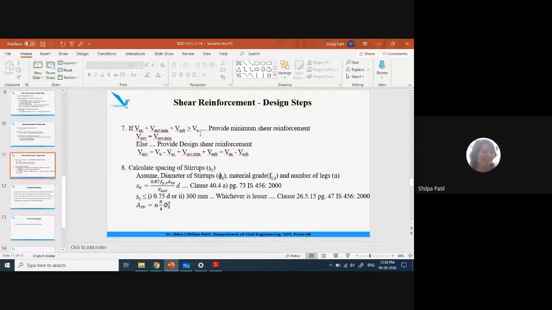Yes, ma'am. Now if the shear resistance provided by the concrete, the minimum reinforcement and the bent up bar is coming less than the actual force, it means there is some additional force which we have to resist by additional shear reinforcement. In that case, we need to design the shear reinforcement. Is it clear? Yes, ma'am. So what is the case?